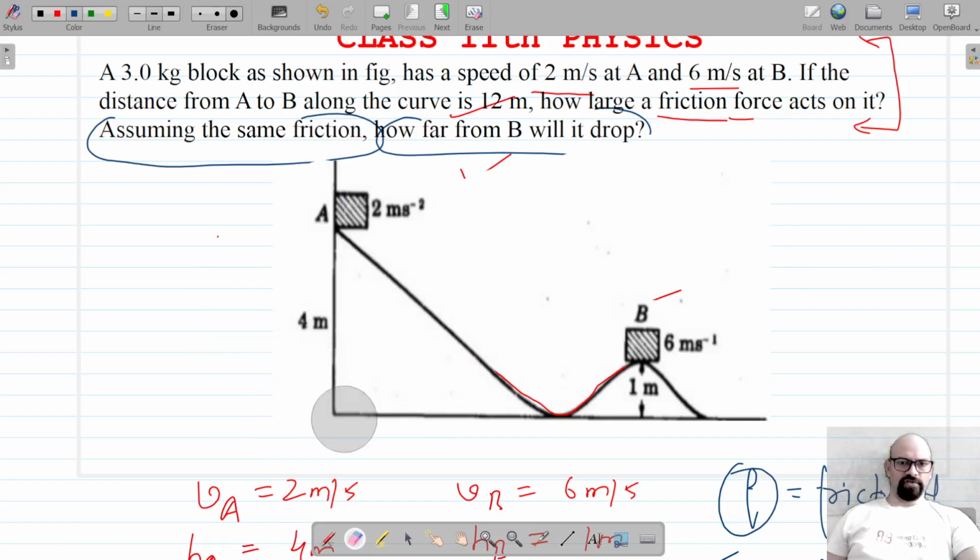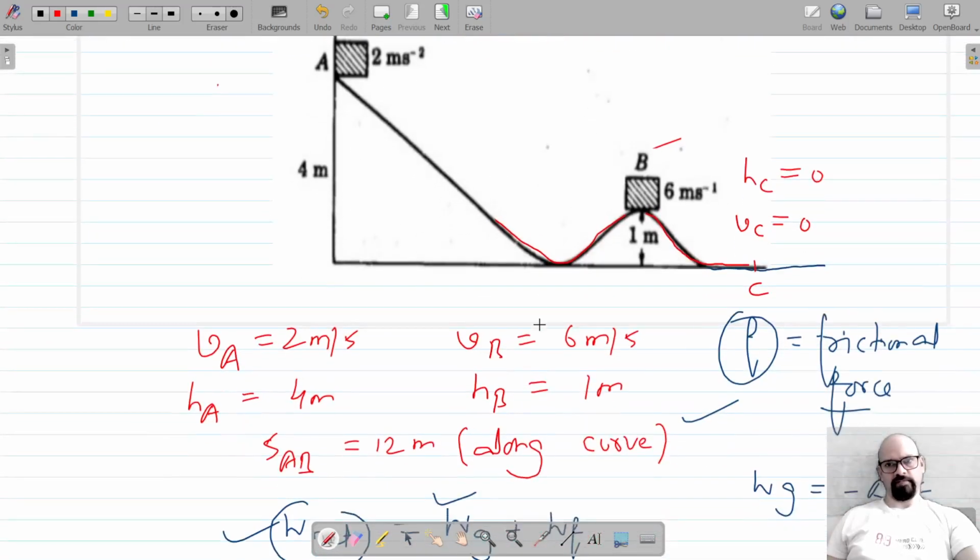If the force of friction is the same, this object is moving along the curve, and let's say it stops at this position, that is C. So velocity at C is 0, because it stops. And also the height at C is 0, because it is along the curve.